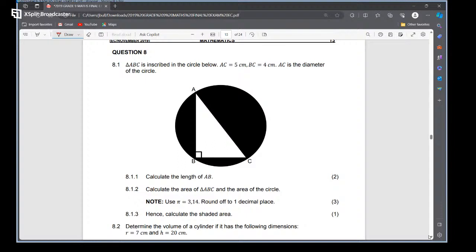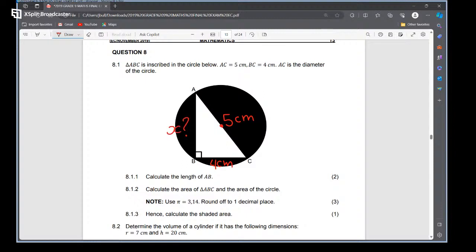AC is 5 centimeters, so this line is 5 centimeters. BC is 4 centimeters. And then AC is the diameter of the circle. Okay, so we can say somewhere there is the center of the circle. So diameter of the circle means it stretches all the way across the circle and it passes through the middle. They want us to calculate the length of AB, so they want this length. Okay, I'm just going to call it x.